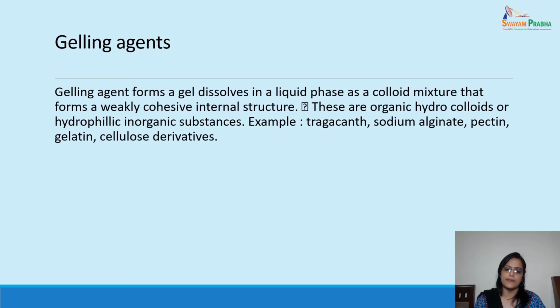There are a few hydrocolloids or hydrophilic inorganic substances that can be used as gelling agents. Tragacanth, sodium alginate, pectin, gelatin, and other cellulose derivatives are examples of gelling agents.